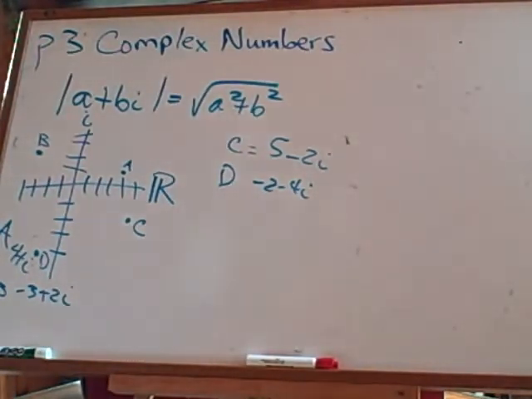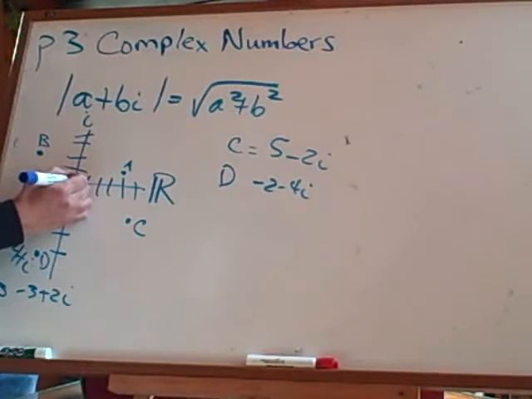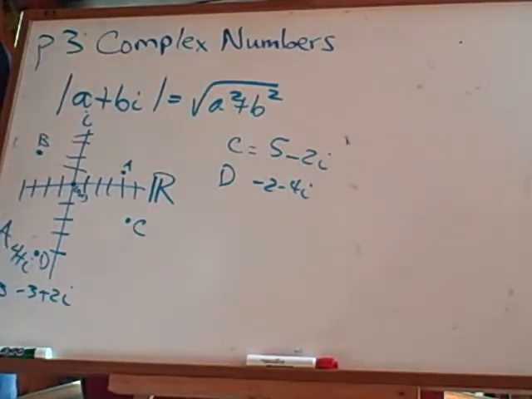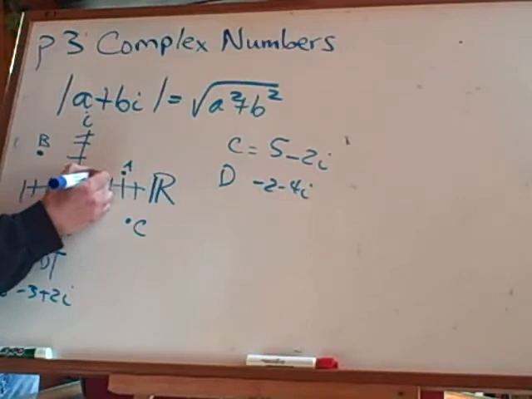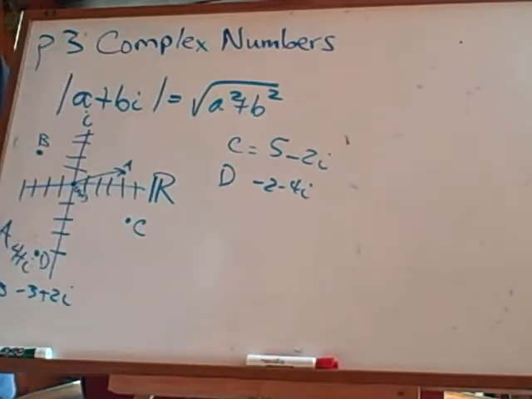So let me show you what it means when it says find the absolute value of a plus bi. This distance right here, this is still your origin of 0, 0. You just happen to be in the complex plane. It's 0 on the real axis, 0 on the imaginary axis. When they're talking distance, they're saying how far is it from here to here?